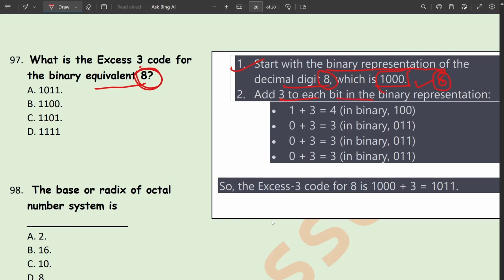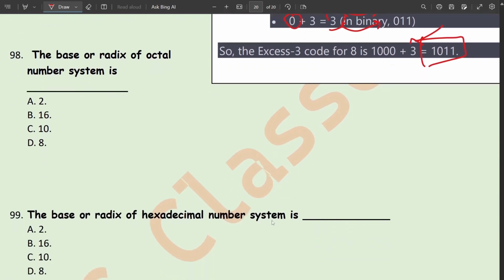Add 3 to it, then you get 4 3, and then again change this in binary and you get 1011. Option number A is correct.